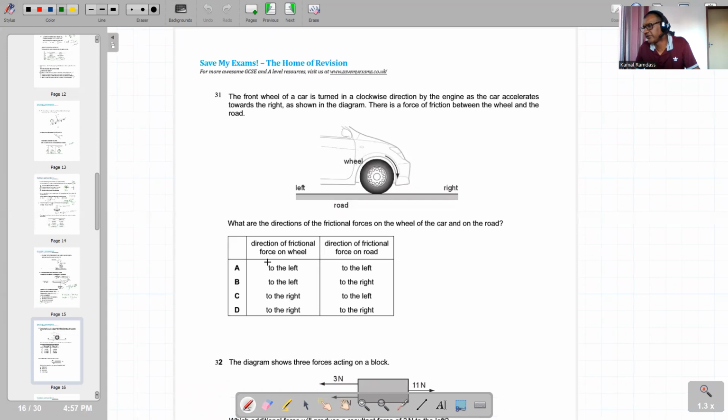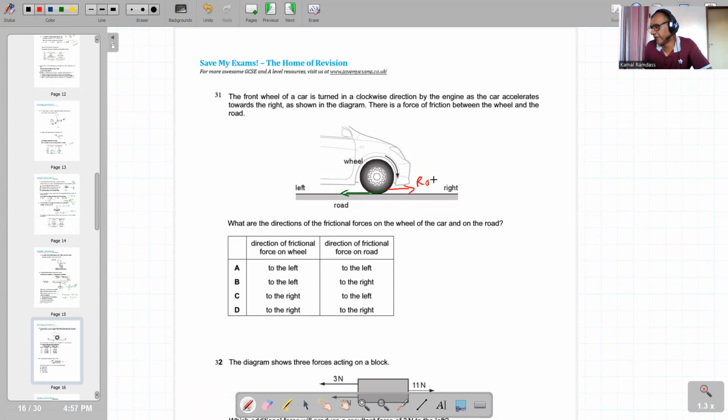Direction of frictional forces on the wheel. In fact, the wheel can push the road and the road can push the wheel. The wheel can push the road, and here, the road can push the wheel in this direction.